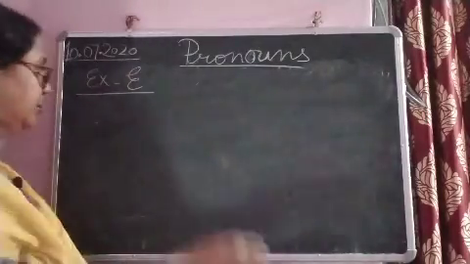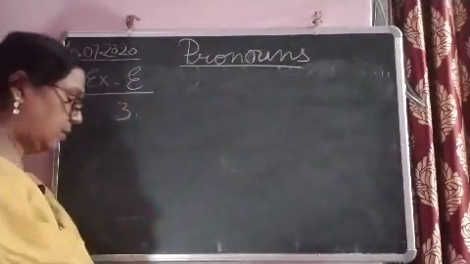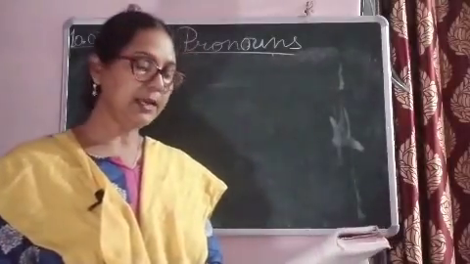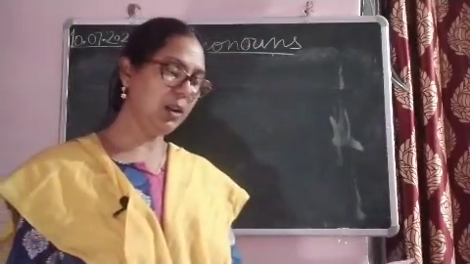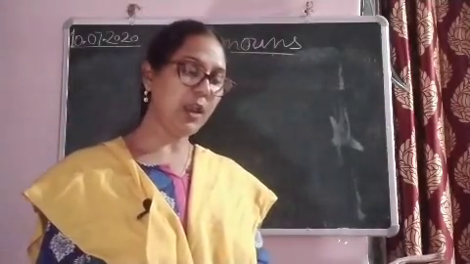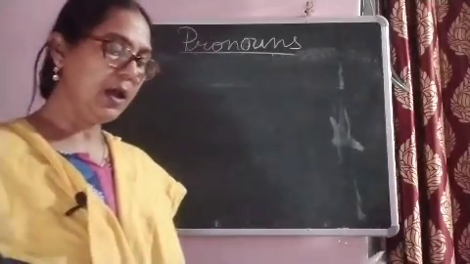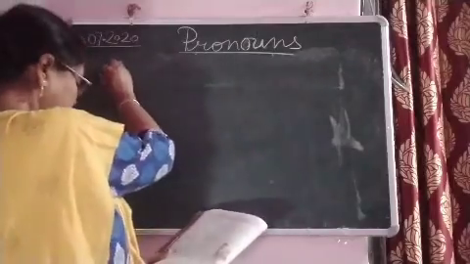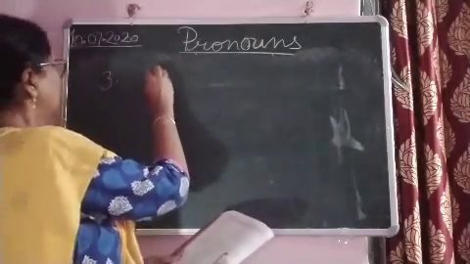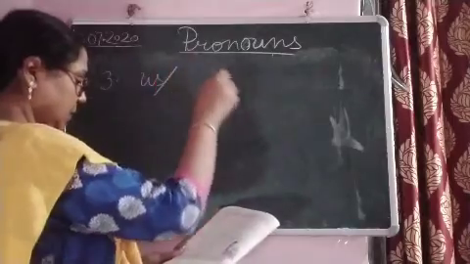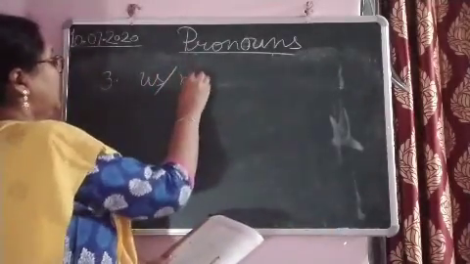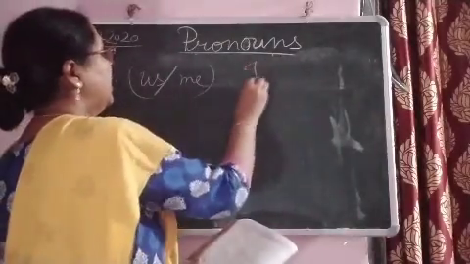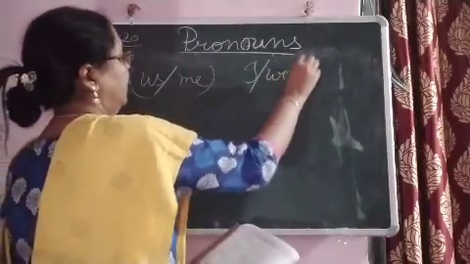Now third number. Please don't call us or me when I or we am working. So now here in number 3 exercise, us or me is written over here and I or we.